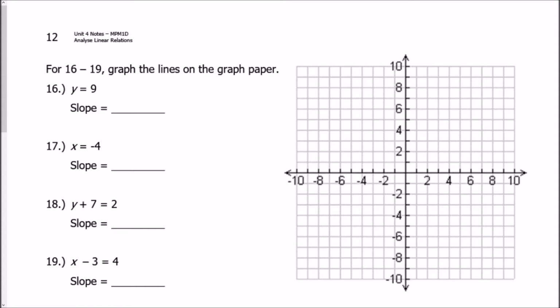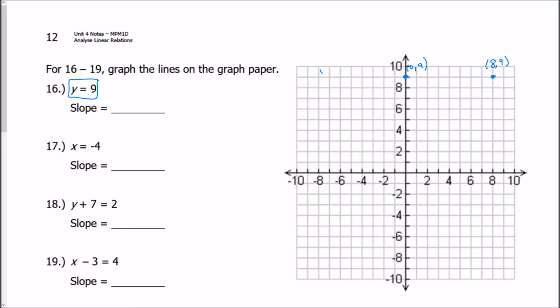So for questions 16 through 19, graph the lines on the graph paper. So here, if it's y equals 9, it means y will always be 9. So here, for example, y is 9 here because this coordinate is 0, 9. If I go to this coordinate here, it would be 8, 9. Here is 0, 9, right? Any coordinate of 9 for my y value will be on my line.